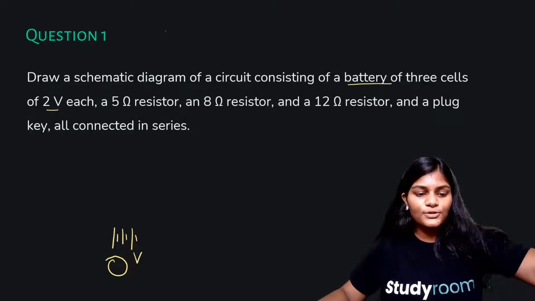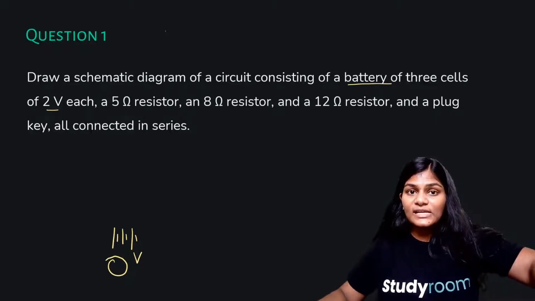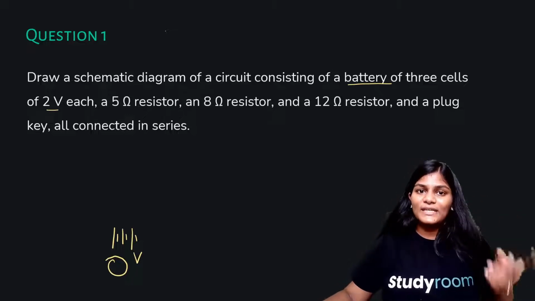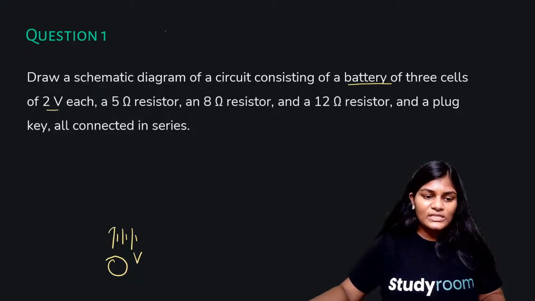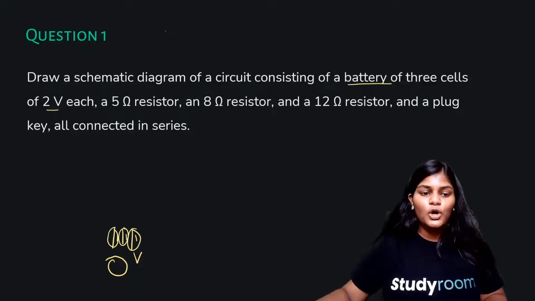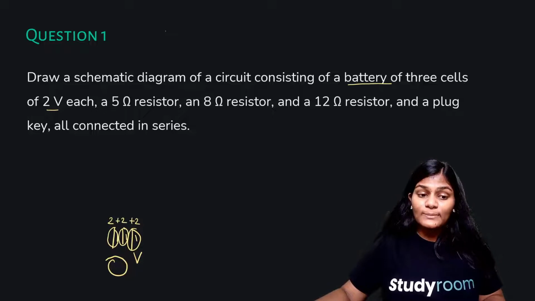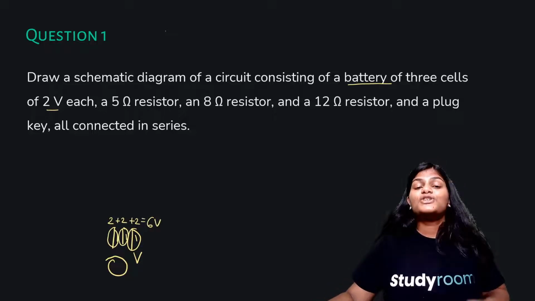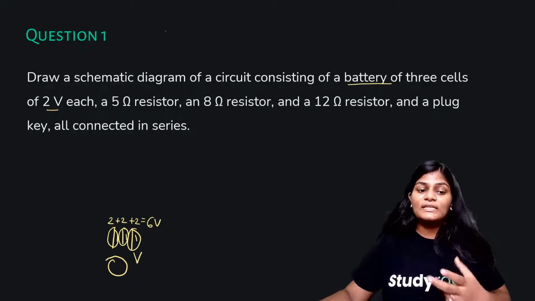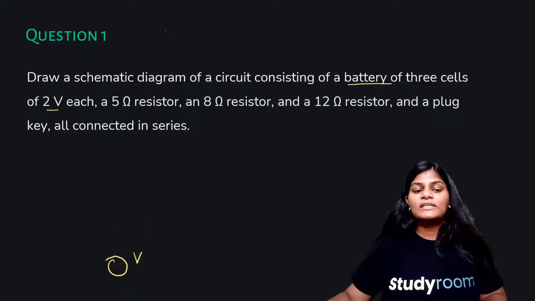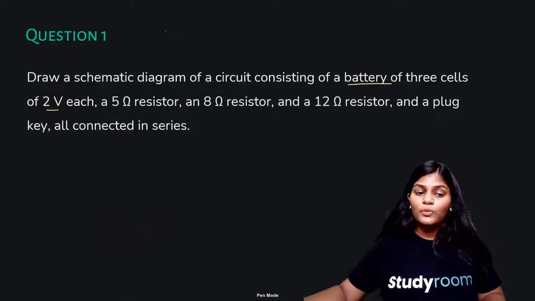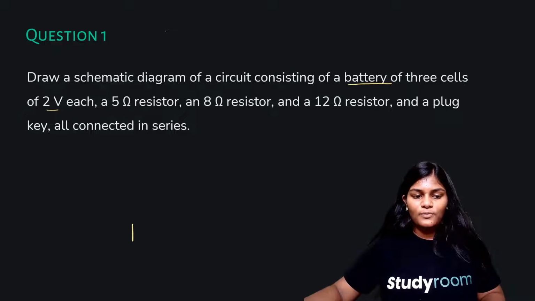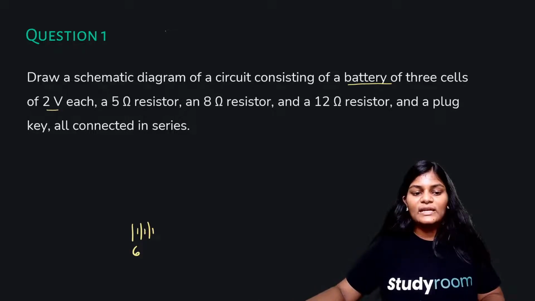It's given to you that it is 3 cells of 2 volts each, which means this cell is 2 volts, this cell is 2 volts, and this cell is 2 volts. So 2 plus 2 plus 2 total becomes 6 volts. So the battery that these 3 cells form together has a potential difference of how many volts? 6 volts. So 1, 2, 3, and then I straight away write 6 volts here.